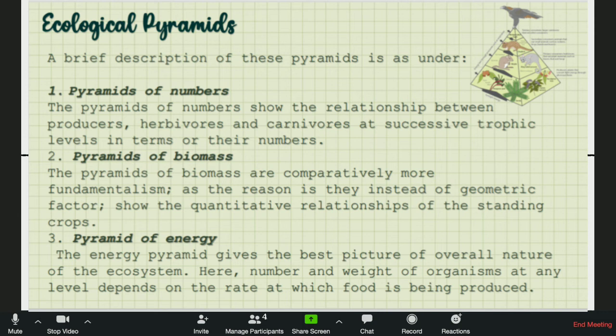Pyramids of numbers. The pyramids of numbers show the relationship between producers, herbivores, and carnivores at successive trophic levels in terms of their numbers. In a grassland, the producers, which are mainly grasses, are always maximum in number. This number shows a decrease towards the apex.